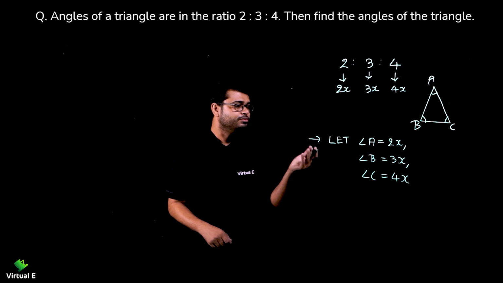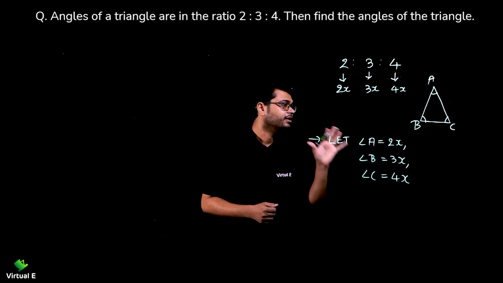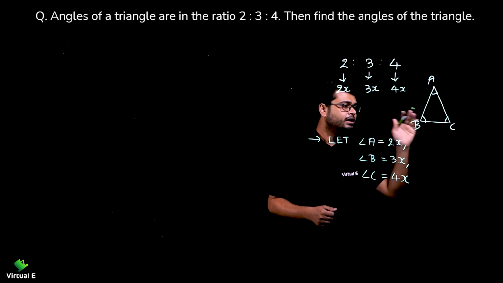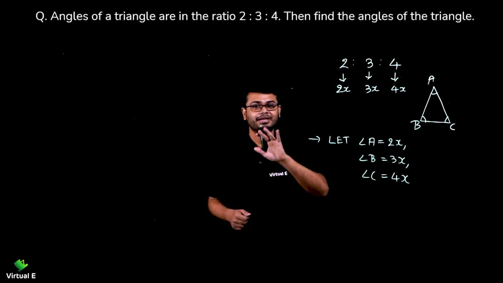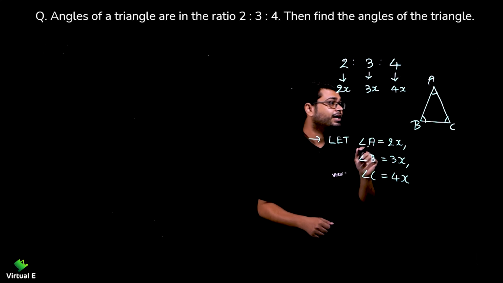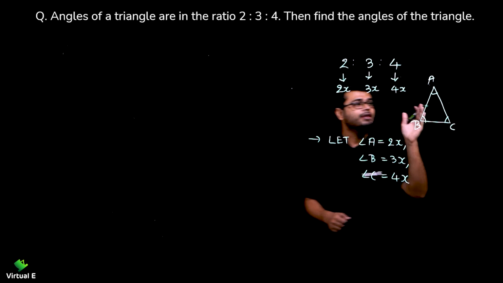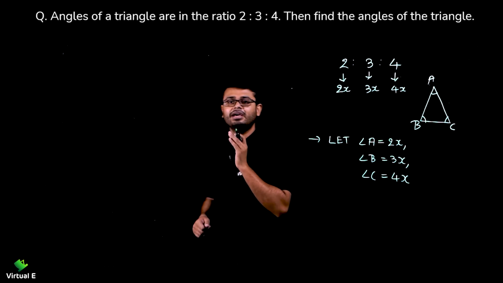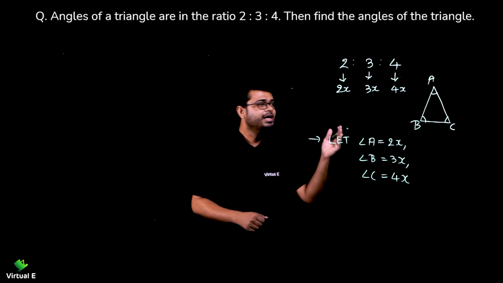Now what are we going to do? We are going to apply the property. Now remember, don't apply the exterior angle theorem over here. We don't have an exterior angle. You need to identify based on the figure, are we having interior angles or exterior angles? We are only having interior angles.